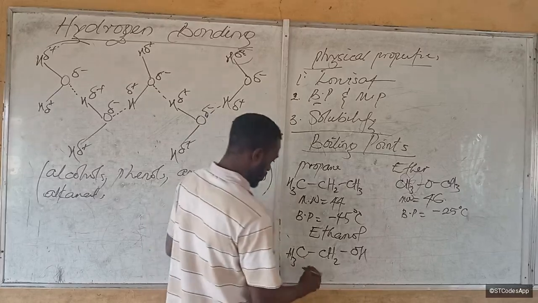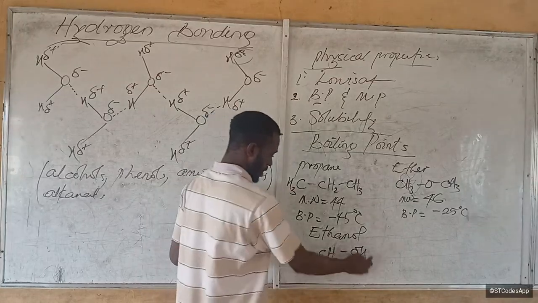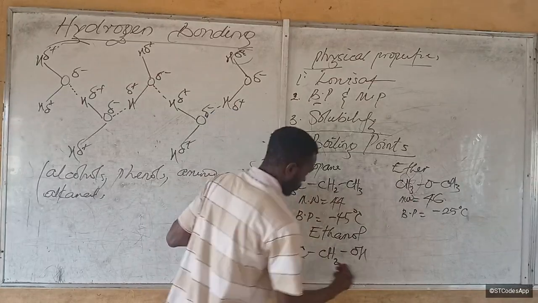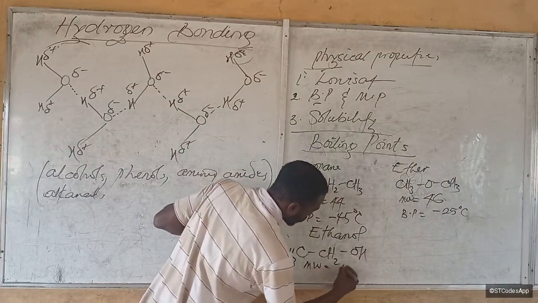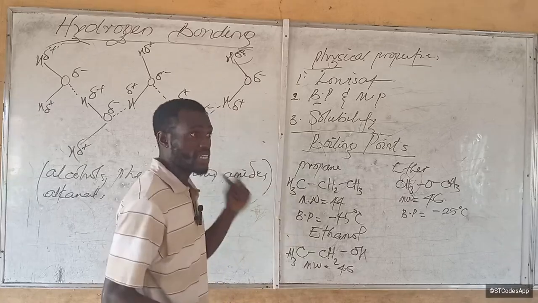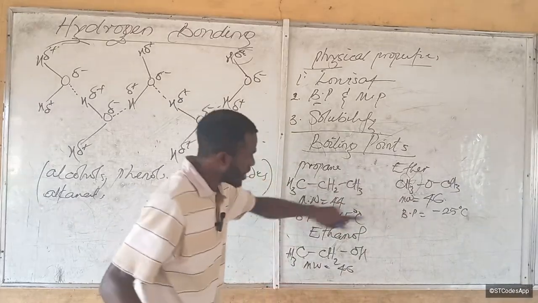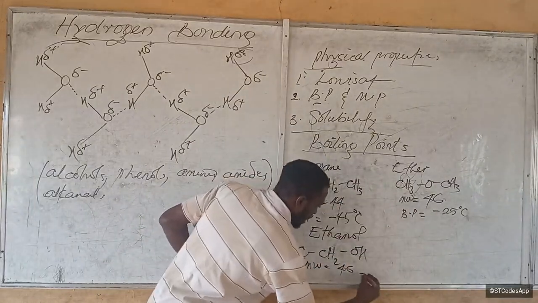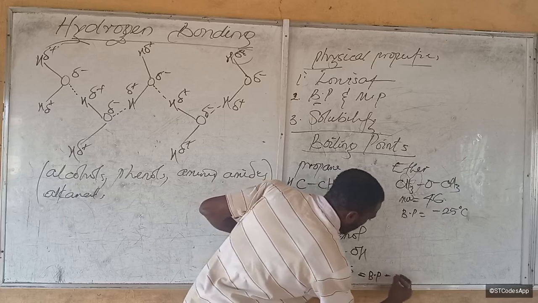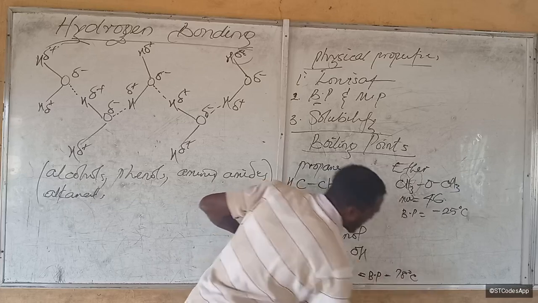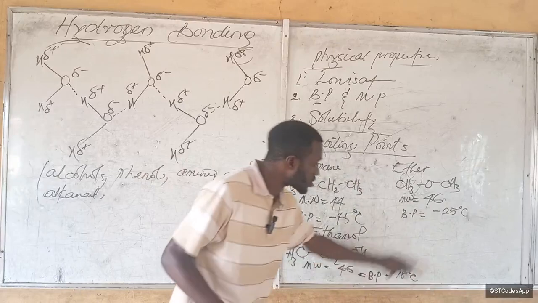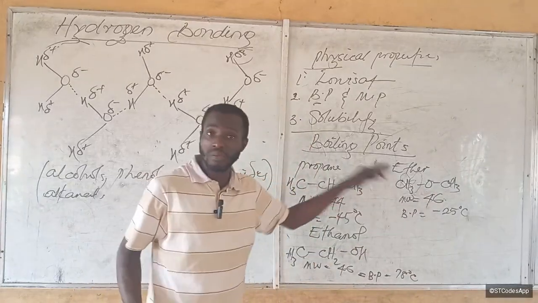Two carbons, six hydrogens, and oxygen, 46 also. So you see that they have equal molecular weight. But the boiling point of methoxymethane is negative, while the boiling point of ethanol is observed to be about 78 degrees Celsius. Look at the huge difference in their boiling points.